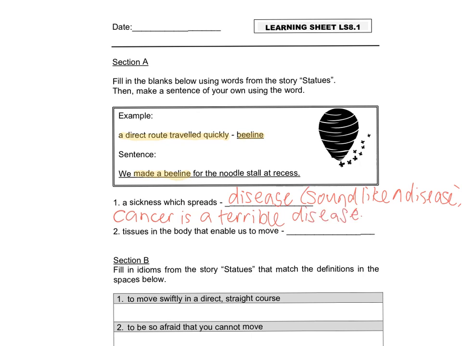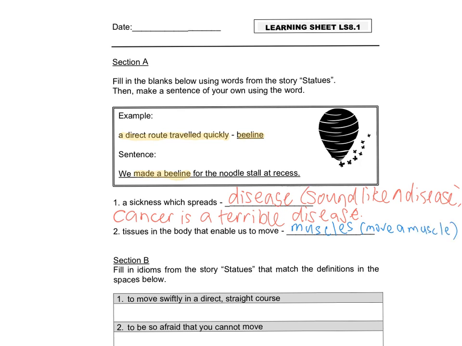Now for question 2, okay, tissues in the body that enable us to move, that would refer to muscles. Now you may refer to your statues reader, page 7, line 83. Okay, move a muscle.